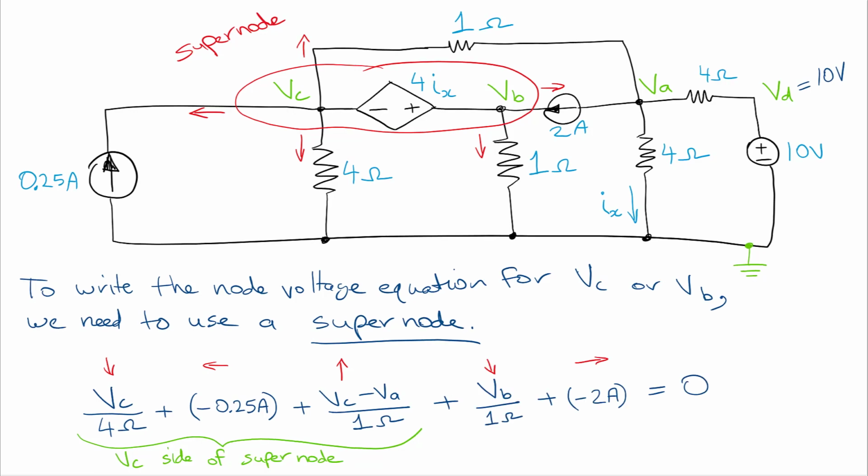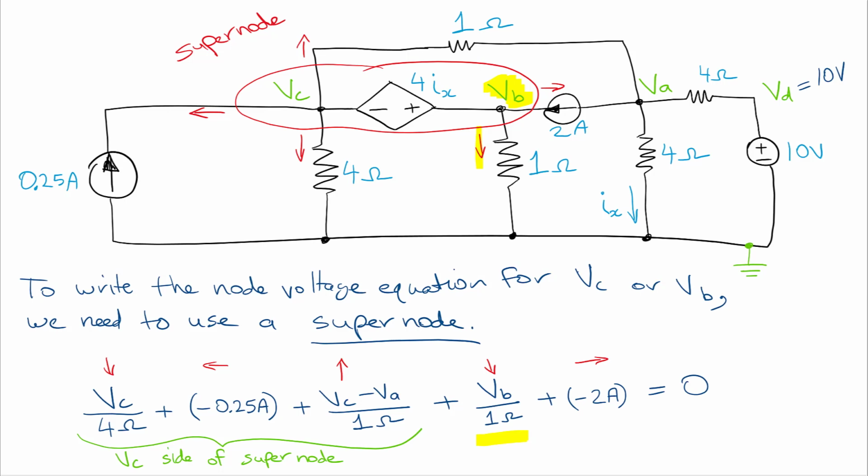So now we're working on the VB side, we have a current flowing down through this 1 ohm resistor, and that's simply VB divided by 1 ohm. Okay, it's ending off at the ground reference, so we don't need to subtract anything.